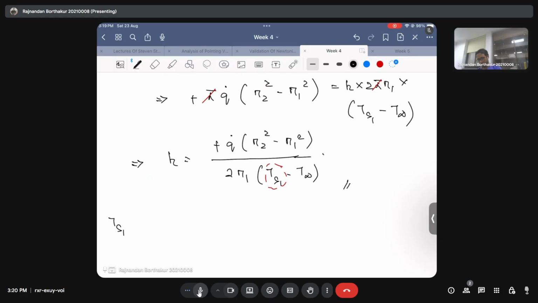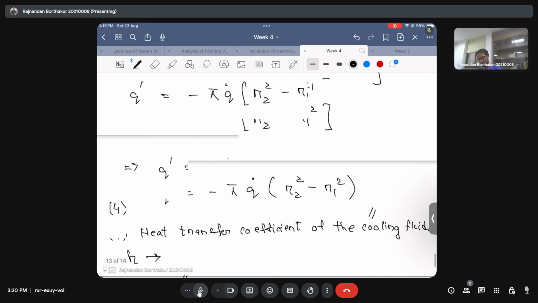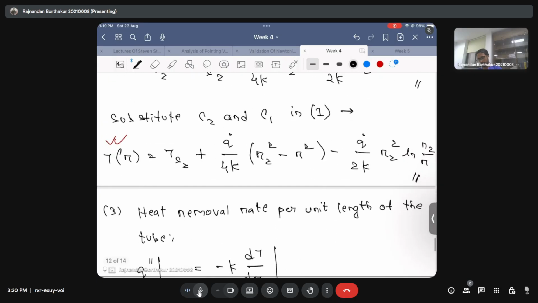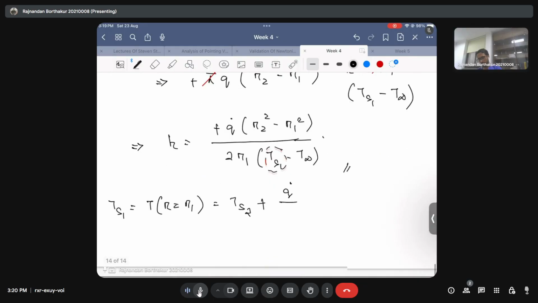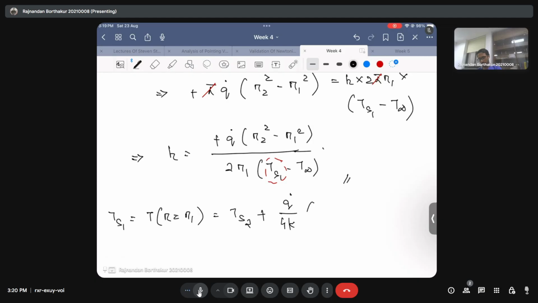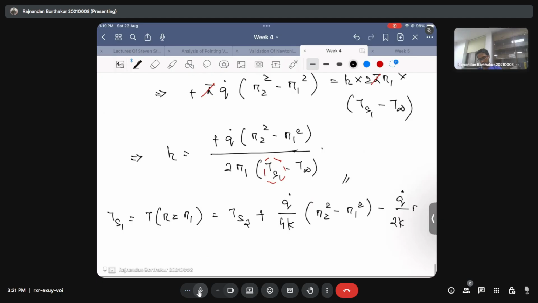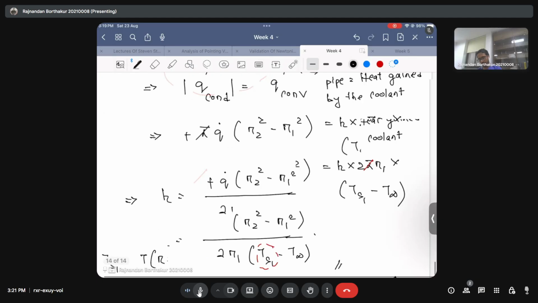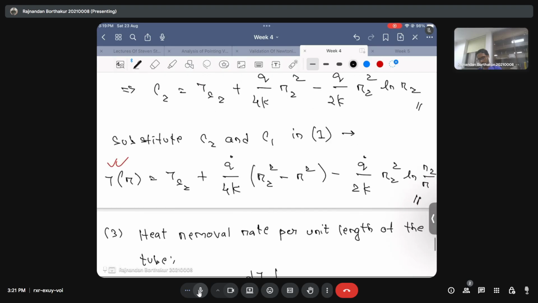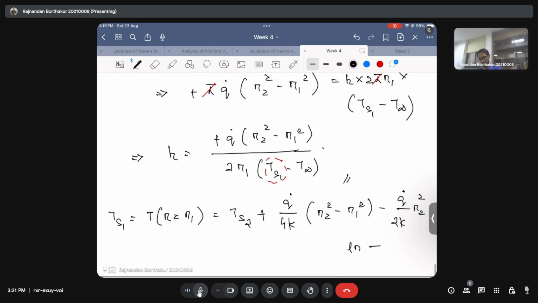So Ts1, which is not directly known but is known from the temperature profile, is just T at r equal to r1. If you calculate, this becomes equal to Ts2 plus q dot by 4k times r2 squared minus r1 squared, minus q dot by 2k times r2 squared times ln of r2 by r1.